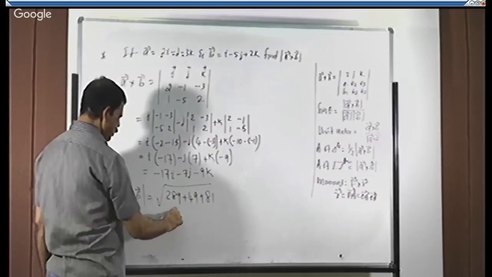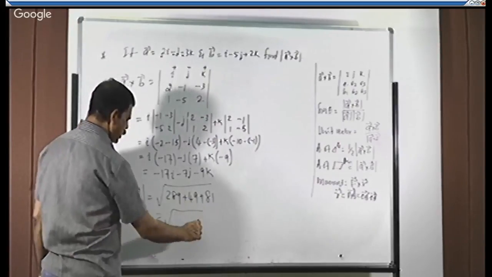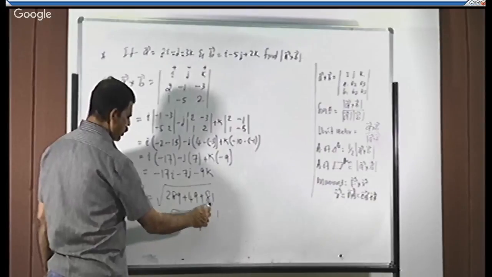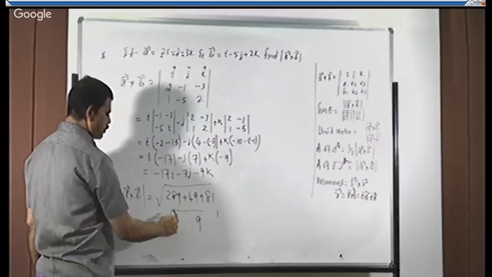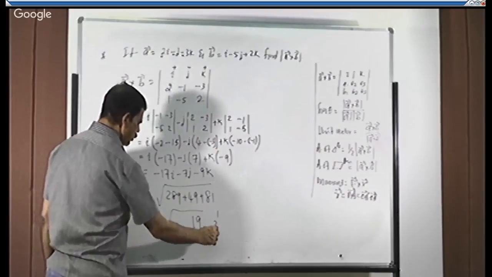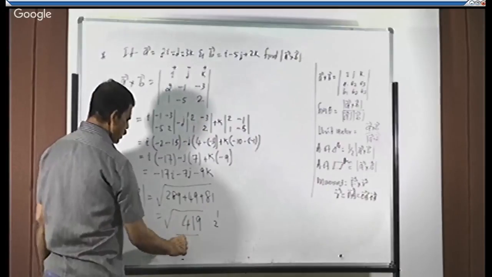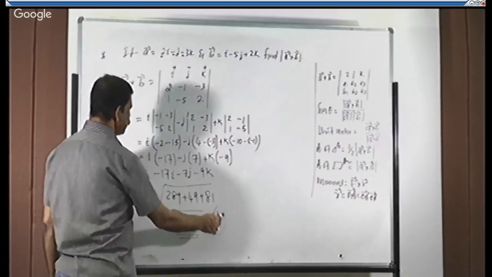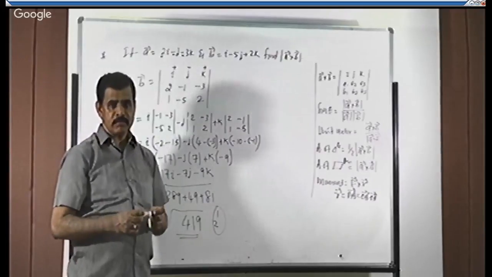So finally, you will get 9 plus 1, 10. 10 plus 9, 19. 1 carries. 8 plus 1, 9. 9 plus 4, 13. 13 plus 8, 21. 2 carries. 2 plus 2, it is 4. 419 is the magnitude of the vector A cross B.